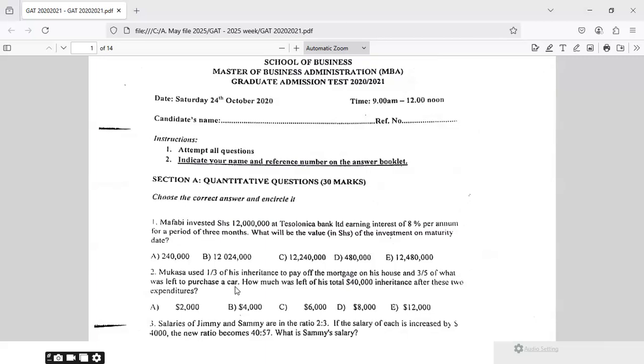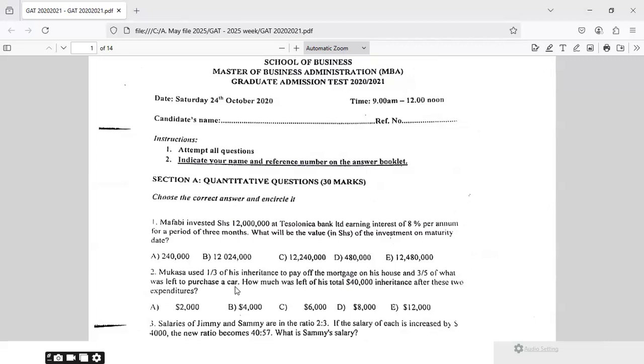Meaning we're going to get a third, we multiply it by 40,000, which gives us 13,333. Then they're also informing us that from what was left, we are going to take off 3/5 to purchase a car.